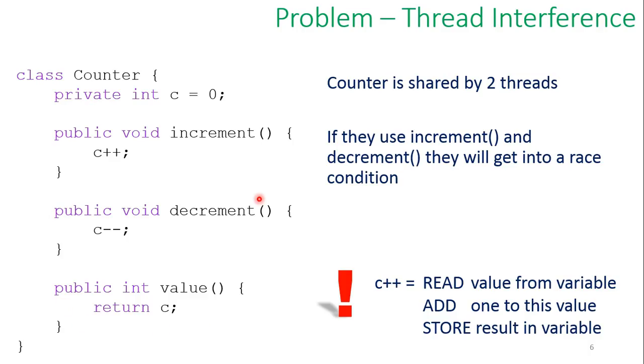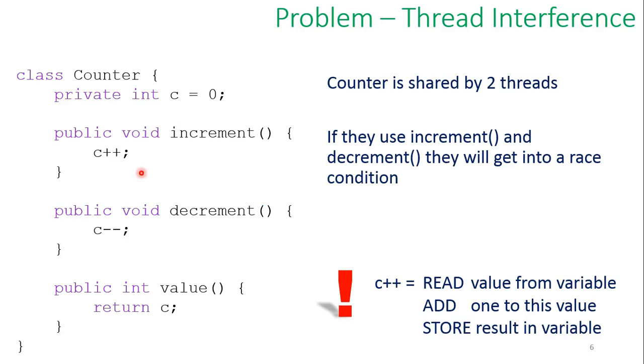Now, if two threads are accessing the same object of class Counter, and roughly at the same time one calls increment and the other calls decrement, they're going to enter what we call a race condition. A race condition means that the outcome of the increment and decrement operations are not going to be what you would expect, which is increment by 1, decrement by 1, the value is not changed.